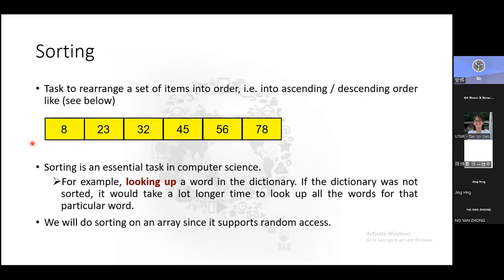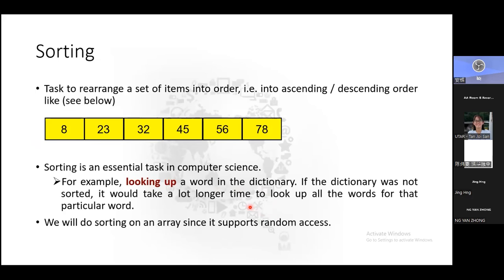So what is the purpose of sorting? For example, if you want to look up a word in the dictionary, I hope some of us are actually using dictionaries, because now the dictionaries we use are probably e-dictionaries already installed in mobile applications.